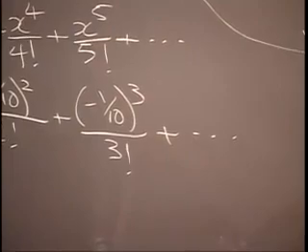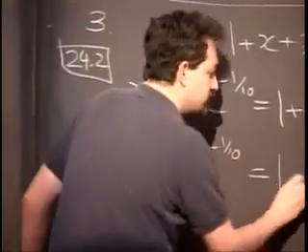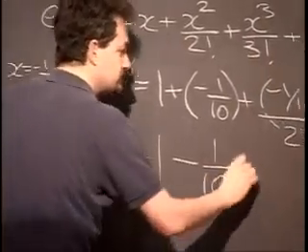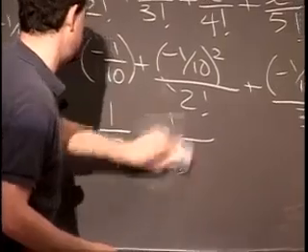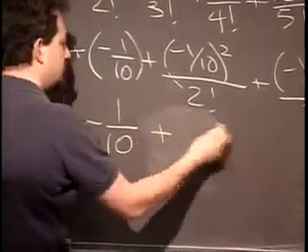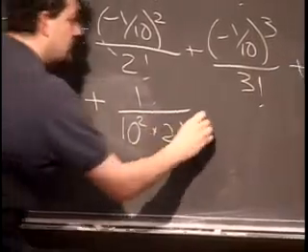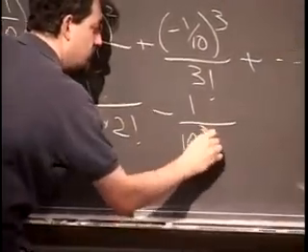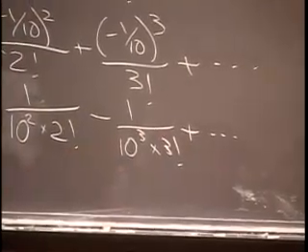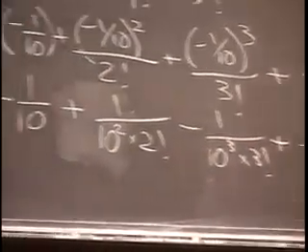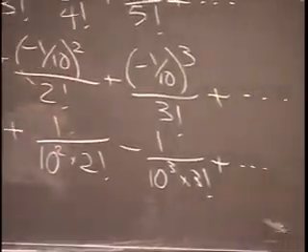Let's tidy it up. It becomes alternating: 1 minus a tenth plus 1 over 10 squared times 2 factorial minus 1 over 10 cubed times 3 factorial, and so on. So it's alternating, as it turns out, and the powers of 10 march upwards and the factorials march upwards, and you get the pattern.